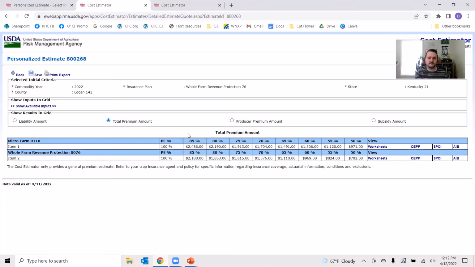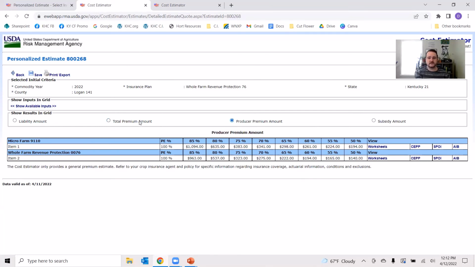So that might seem like a lot, if your total revenue is $23,000, you'd be spending almost $2,500 to get coverage to protect 85% of that. But it's really not bad in the long run once you look at what the producer is actually paying.